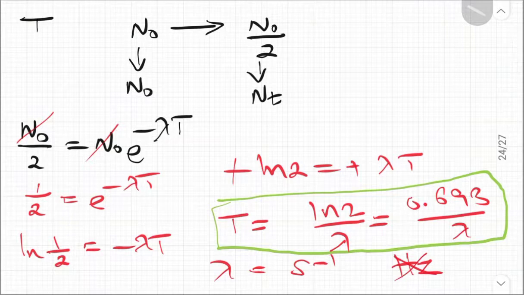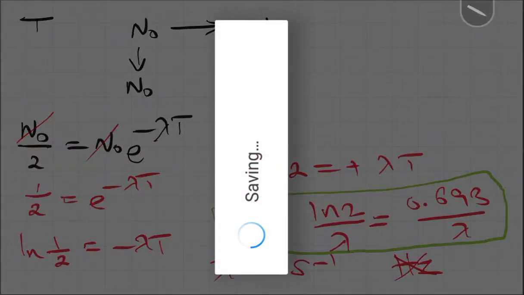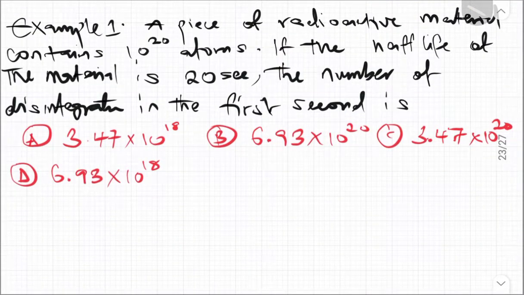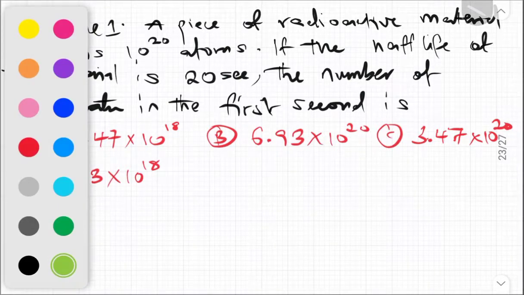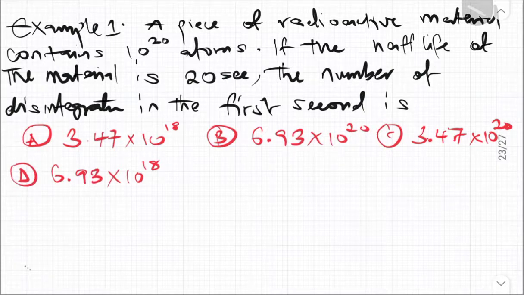So let's solve some examples using this equation. Okay, let me change color. Example 1. A piece of radioactive material contains 10 to the 20 atoms, right? So N is 10 to the 20 atoms.